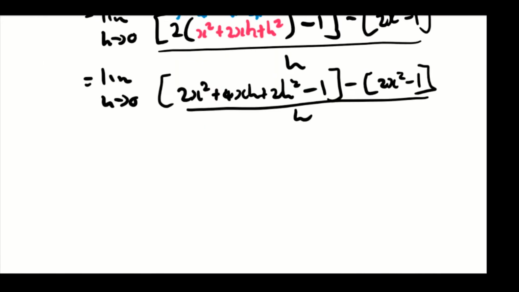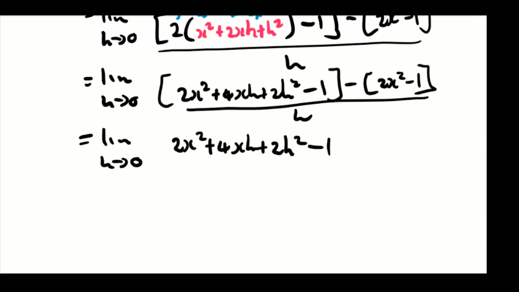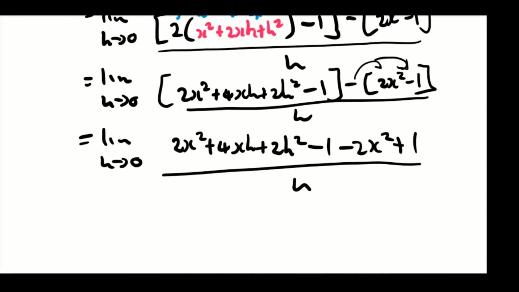So what we'll have is the limit when h approaches 0 of 2x squared plus 4xh plus 2h squared minus 1, and then this negative will multiply everything inside here, so it's going to be minus 2x squared plus 1 divided by h.